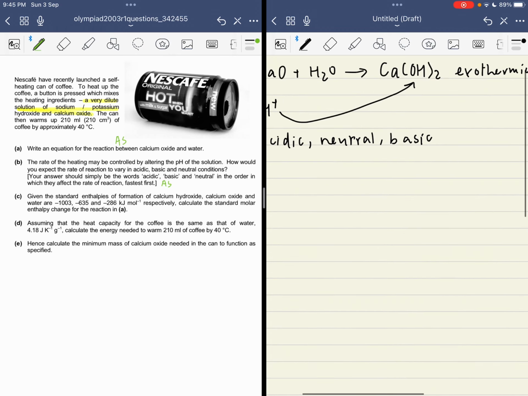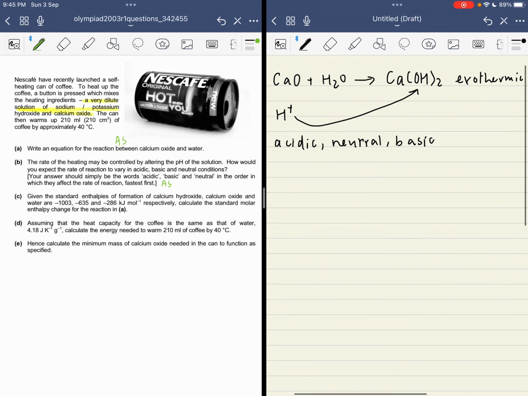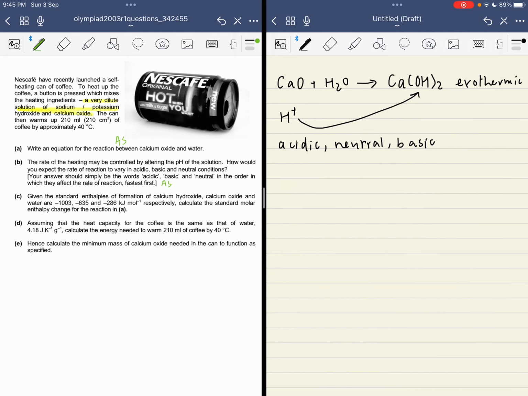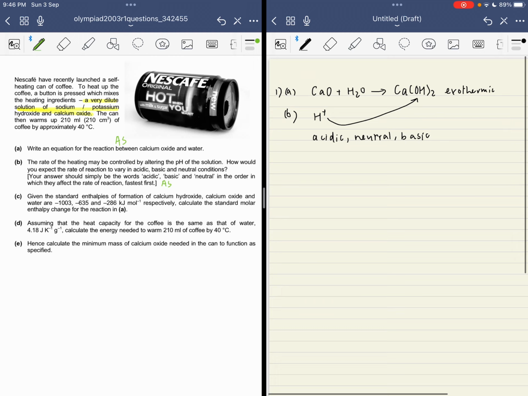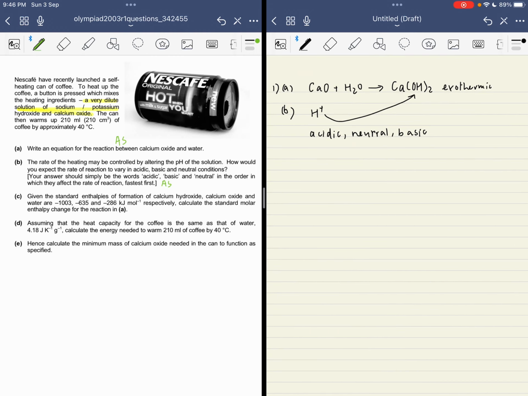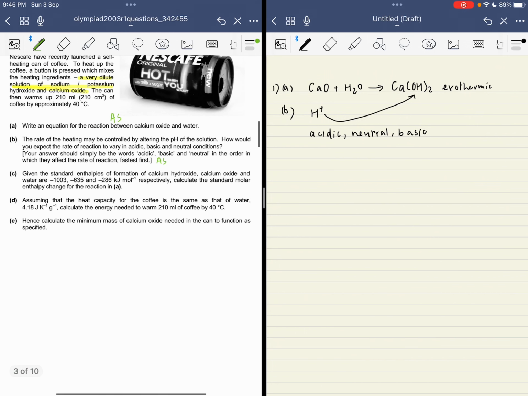In basic conditions, you will have a high concentration of OH minus ions, which will push the equilibrium towards the reactants, which is in the endothermic direction. Okay, now on to C. C is also an AS level content.